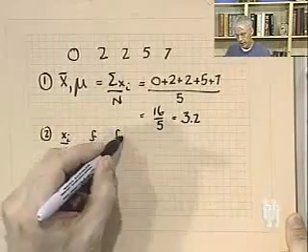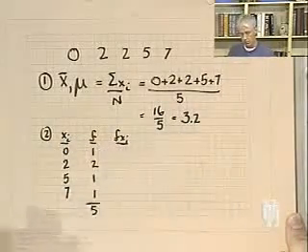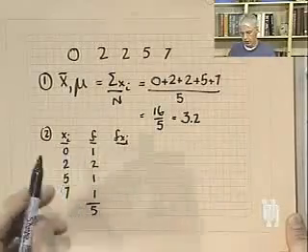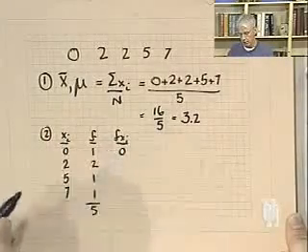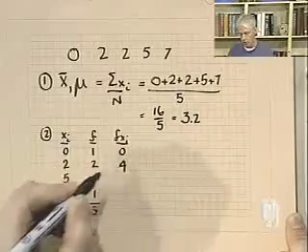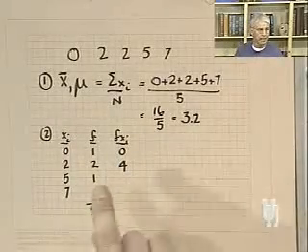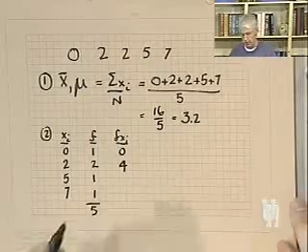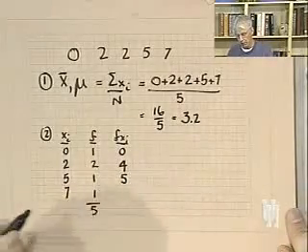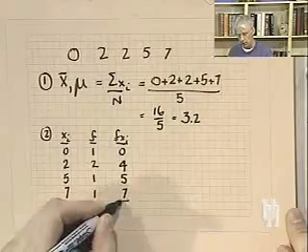We now generate the fxi column. 1 times 0 is 0. 2 times 2 is 4. And I will say again, that is functionally the same as adding those two 2's together. 1 times 5 is 5, and 1 times 7 is 7.